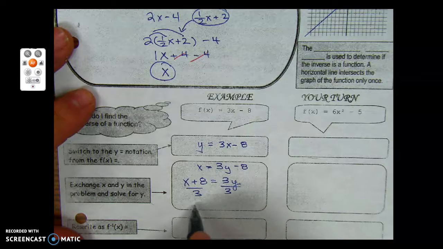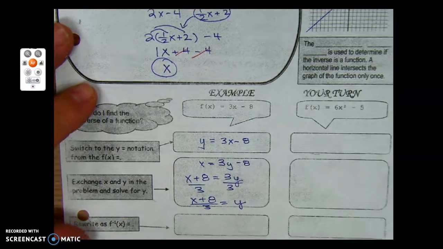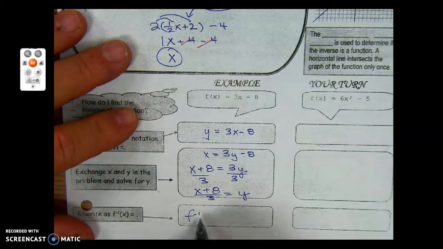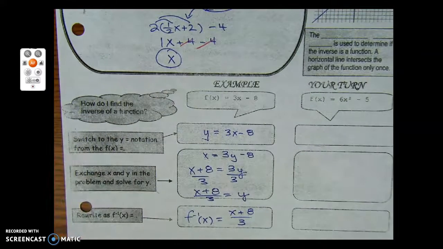So x plus 8 over 3 equals y. And I'm just going to switch it back to the inverse notation. F inverse of x equals x plus 8 over 3. There you go. That's it.